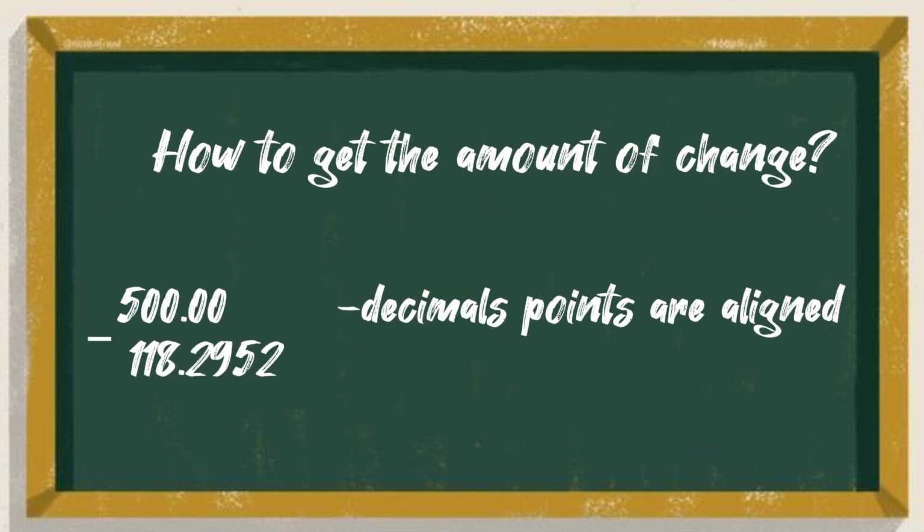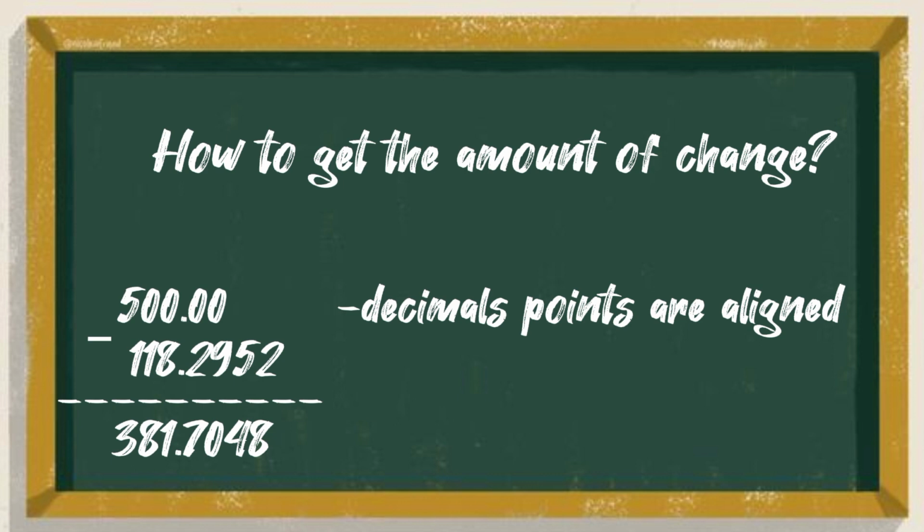This time, I'll show you how to get the amount of change. Now, this is the expected solution. First, you need to put the 500. And make sure when you put the 500 that the decimal points are aligned.